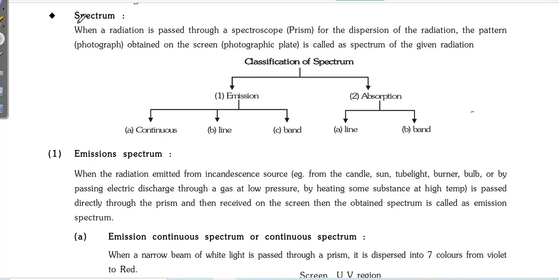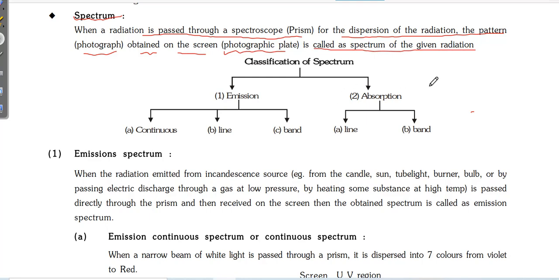Now, the spectrum: when a radiation is passed through a spectroscope, that means a prism, for the dispersion of the radiation, the pattern or photograph obtained on the screen, that is the photographic plate, is called the spectrum of the given radiation.